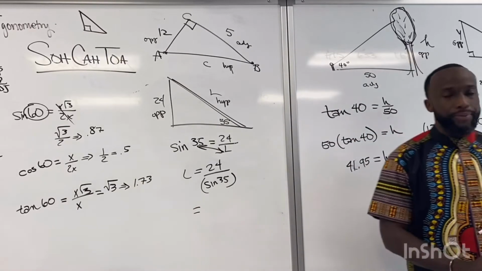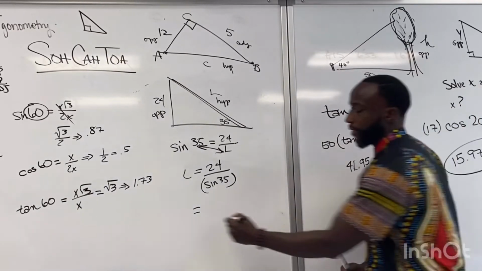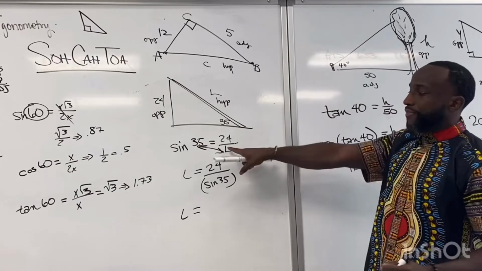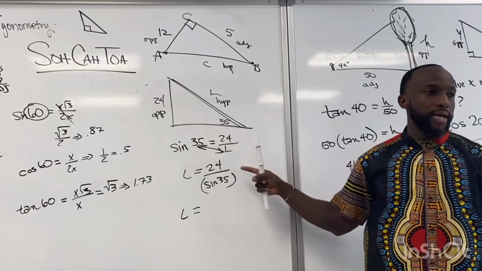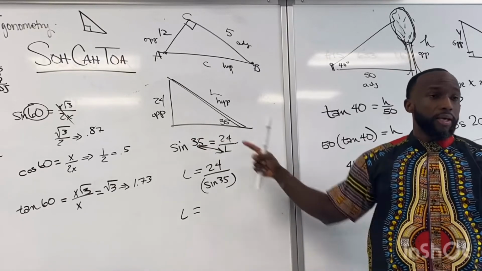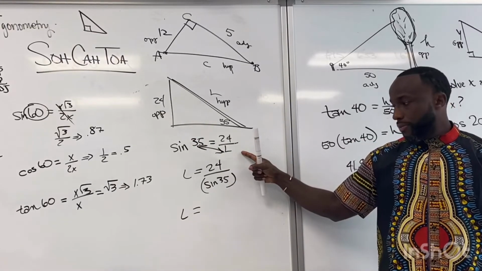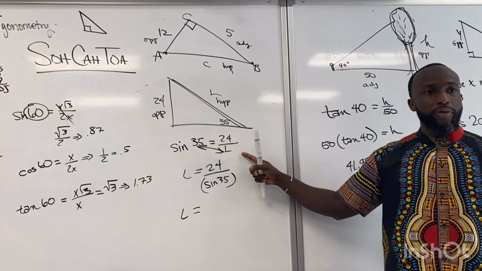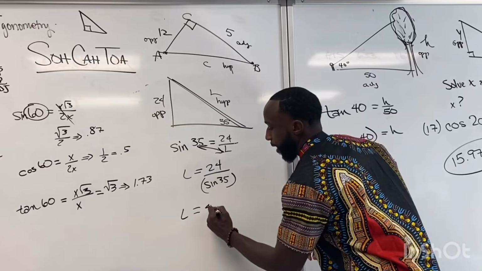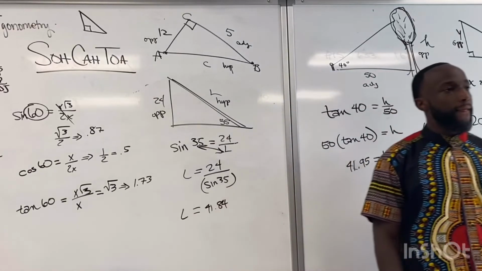So whenever you have the variable in the denominator, you just want to switch spots between the trig identity and the variable. So what did you get? 41.84? How many students had that?